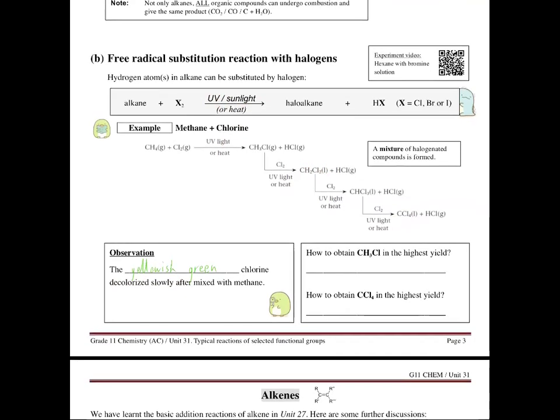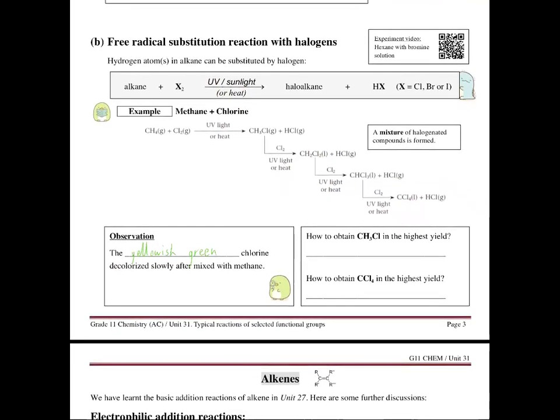One of the questions that it may ask you: if we want to obtain CH3Cl in the highest yield, what can we do? How to control the amount of the two reactants? If we only want chlorine to substitute one of the hydrogens, that means we should put only a small amount of chlorine gas into it.